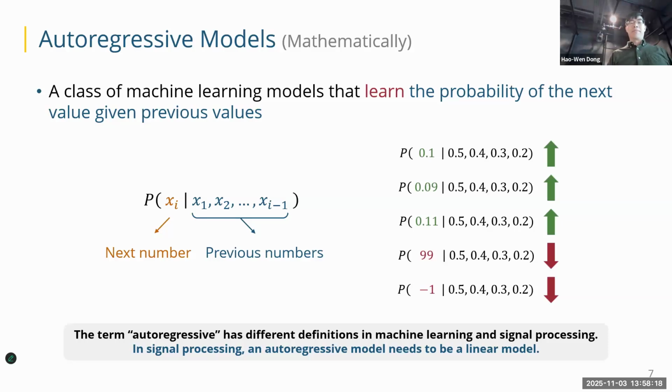That's why we use deep learning, with all these activations and layer-by-layer structure, so that we can model nonlinear relationships. Linear models are mostly not what we are interested in in deep learning. So this is one of the things that can confuse you when reading literature in different fields. In machine learning papers, autoregressive has one definition, but in signal processing it has another.